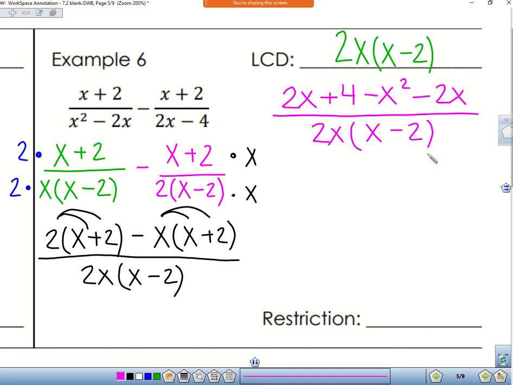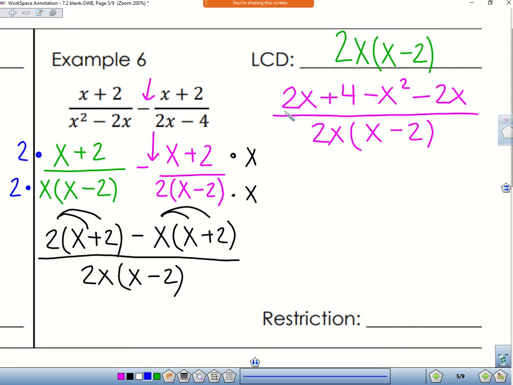Why is it minus 2x? Because this x was negative. Yeah, see how we have a negative sign right here? So the x itself wasn't negative, but I multiplied it by the negative 1 because of this negative sign between the two fractions. Does that make sense?